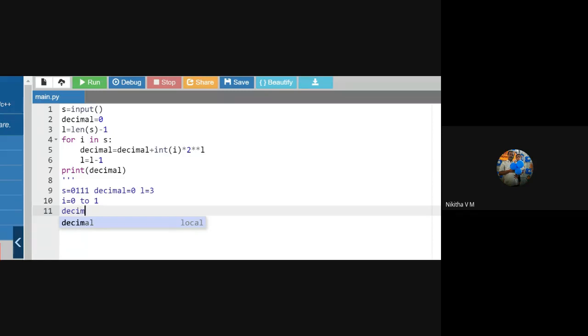Decimal is equal to decimal plus. The initial value of decimal is 0. So that means 0 plus int of I. Okay, int of I means 0 into 2 to the power of L. L's value is 3.